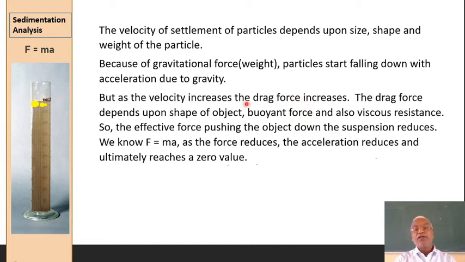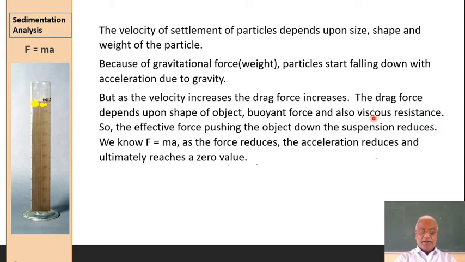And then one more thing that comes into the picture is buoyant force. When an object is inserted into a medium, for example water, there will be a buoyant force which tries to push it up in the liquid. And lastly, the viscous resistance.